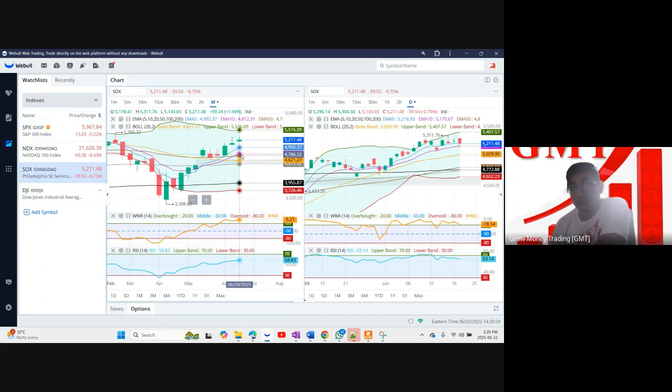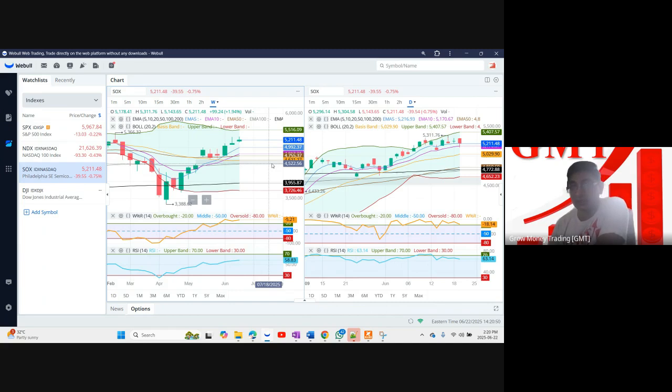If that drop is faster, within 2-3 sessions, if it reaches this level, then you can expect it to touch this level of 4,632, and then it could also potentially close this gap.